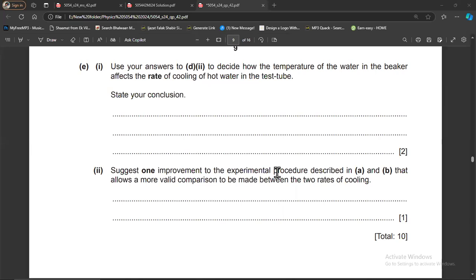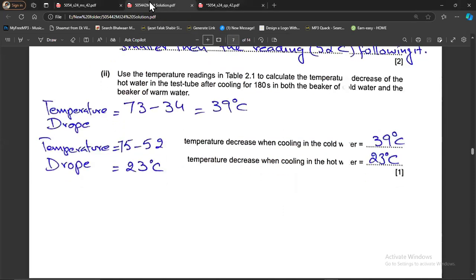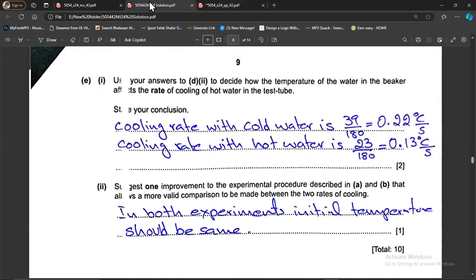He says use your answer in the previous part to decide how the temperature of the water in the beaker affects the rate of the cooling of the hot water in the test tube. So we can find the rate of the cooling. The cooling rate with the cold water: there is a 39 degrees centigrade temperature drop in 180 seconds.